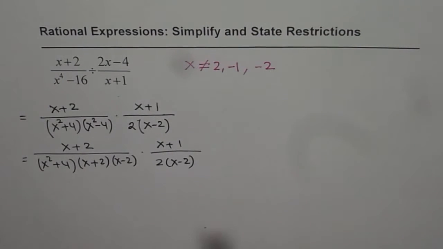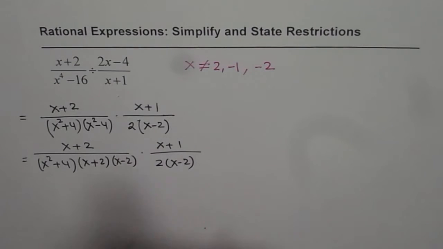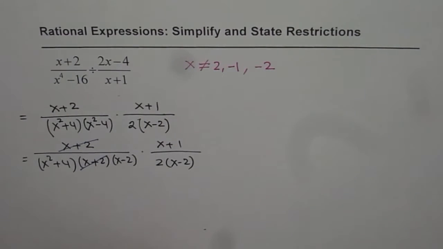Now let us cancel the terms which are common in numerator and denominator. So we have x + 2 and x + 2, which can be cancelled out. And then we have x - 2, so nothing else can be cancelled, correct? So that is what we're left with.